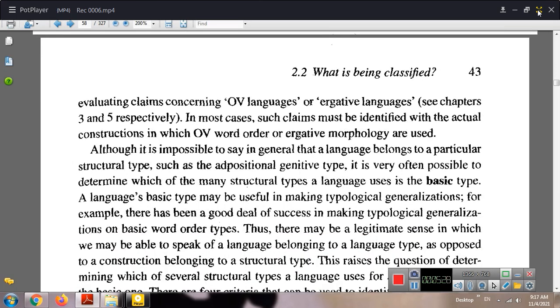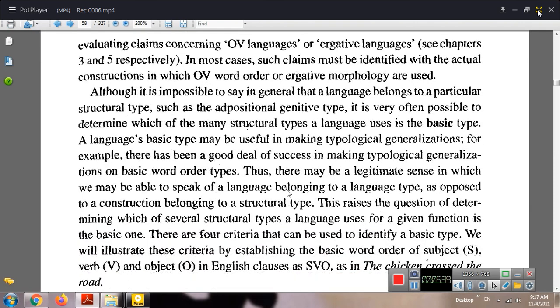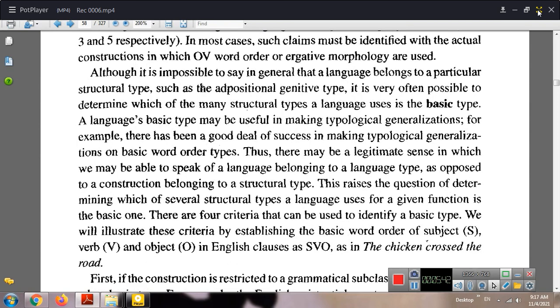In most cases, such claims must be identified with the actual constructions in which object-verb word order or ergative morphology are used. Although it is impossible to say in general that a language belongs to a particular structural type, such as the adpositional genitive type, it is very often possible to determine which of the many structural types a language uses is the basic type.